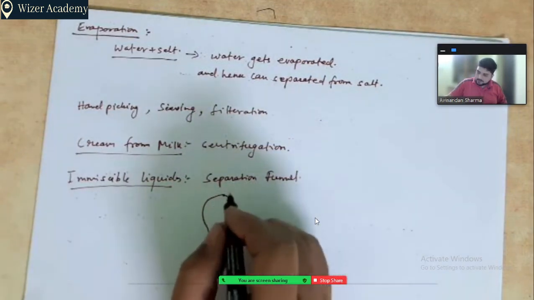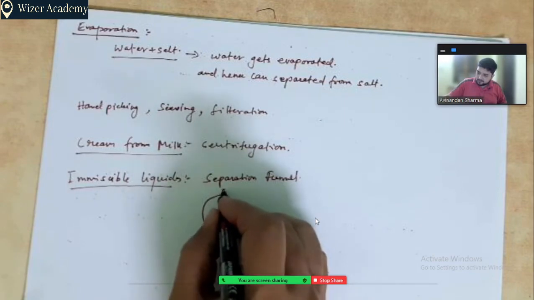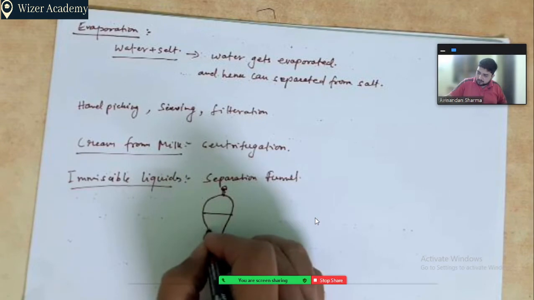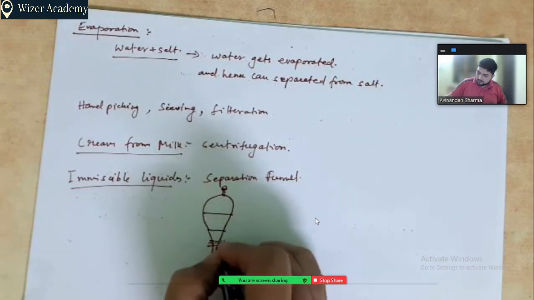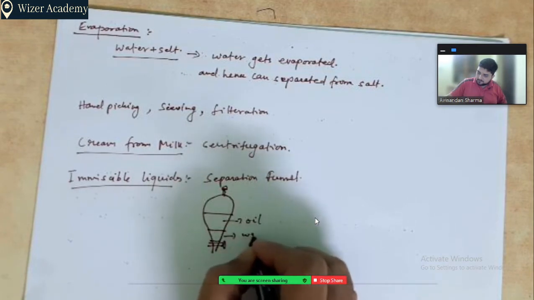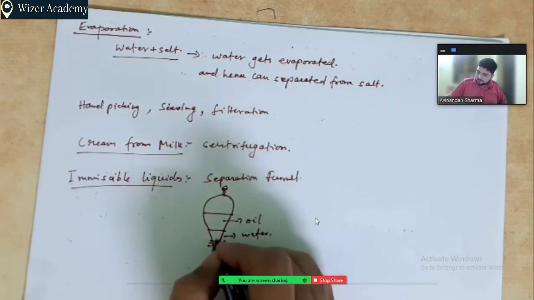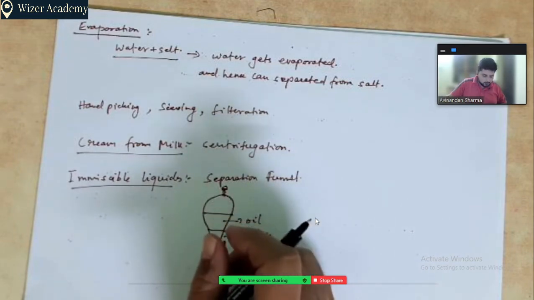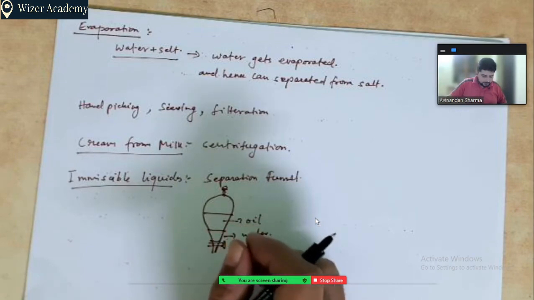It is a separating funnel where the liquids are not miscible with each other. Suppose this is oil and this is water. So the water can be extracted first and then the funnel can be stopped. So it can be separated by the use of a separating funnel.